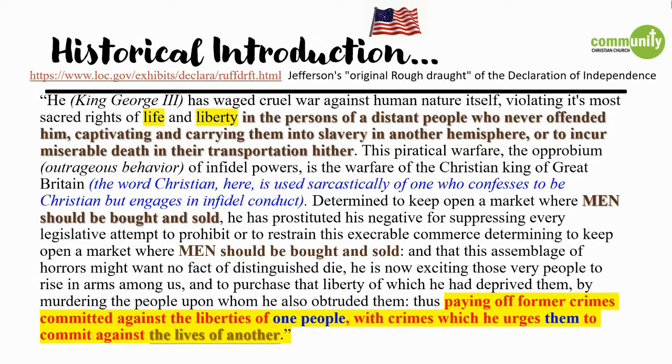That, beloved, was part of the original Declaration of Independence. Now, I can't help but wonder how our history might have been different had that not been excised from the original document.